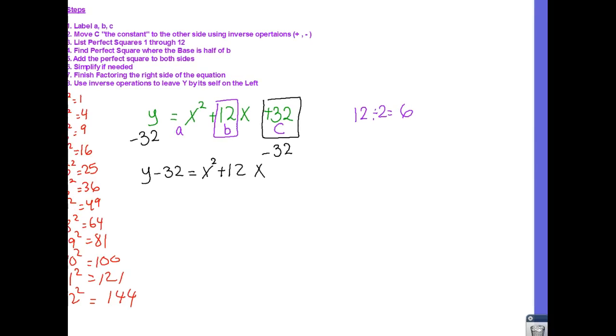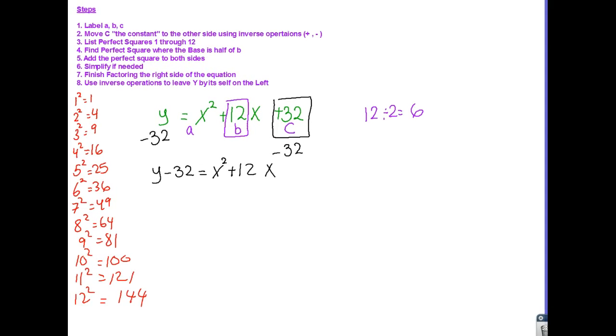Oh, here is 6. So if this is 6, then I'm going to use the perfect square of 36. Then I'm going to add it to both sides of the equation. So add 36, add 36.